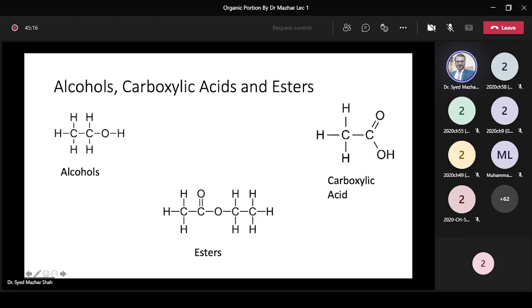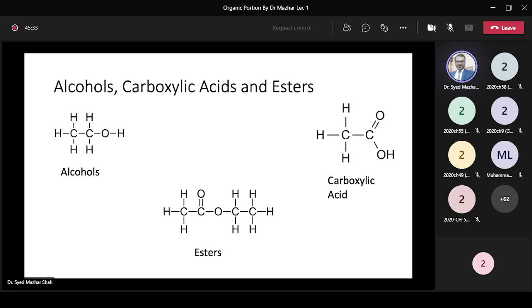And similarly, as we are discussing that OH group, if we have alcoholic group or OH group in any molecule, it would have a different set of chemical reactions that would stay similar in the alcohol family.